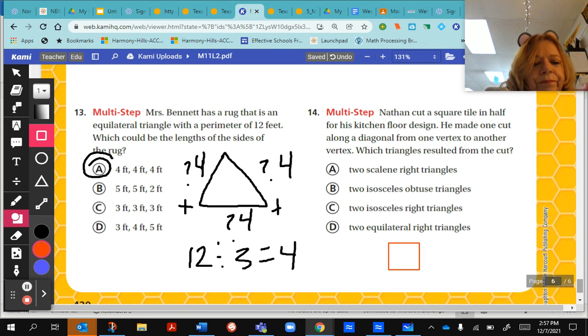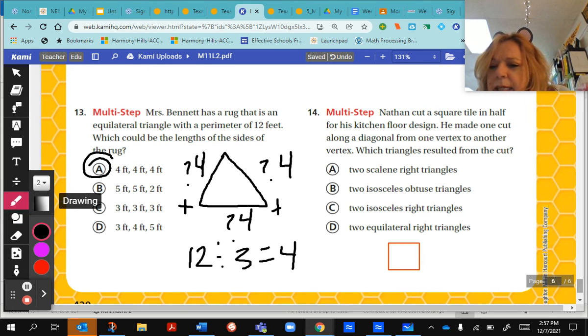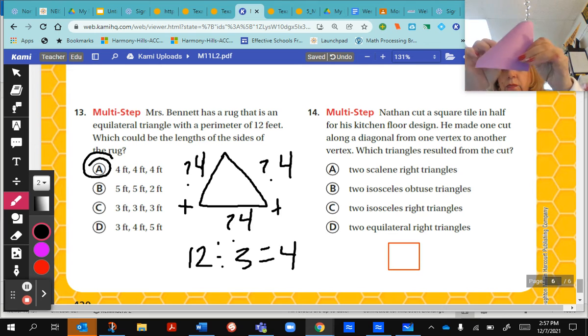So I drew a square. Now it says that I made one cut along a diagonal from one vertex to another. That's kind of like what we did the other day, right? That's what we did yesterday and on Friday when we were creating our folds. So here I cut this in half. We've already done this.